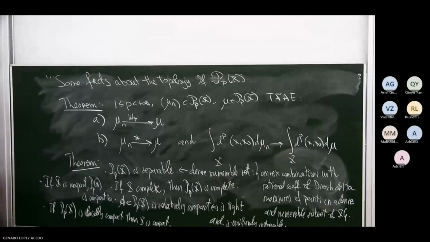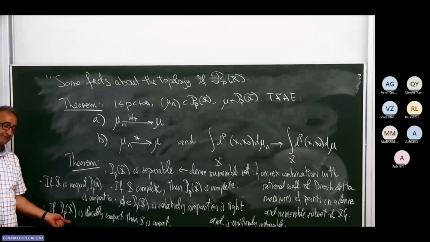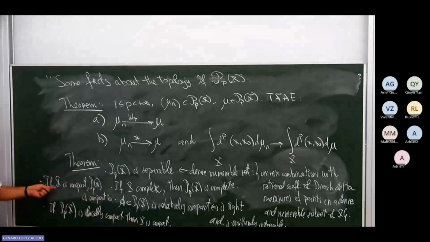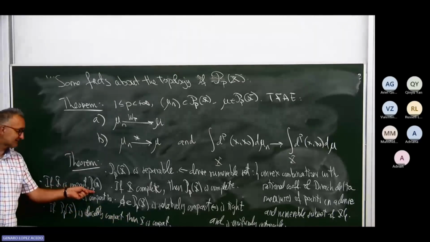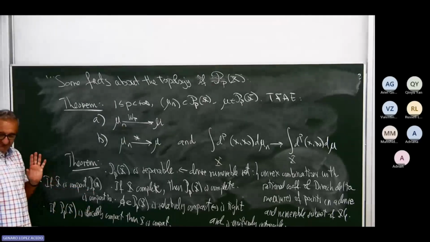So we can say that if this space is locally compact, then it has to be compact. Because if this space is locally compact, X has to be compact. And if X is compact, this space is compact. That's the situation there. All right, so these are the main facts about the topology.